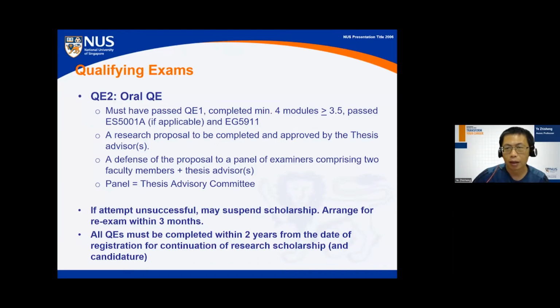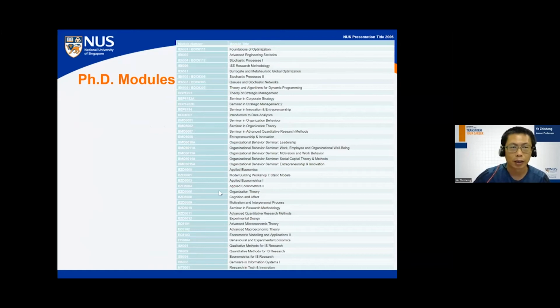A requirement is that all QEs must be completed within 2 years from the date of registration in order to continue your research scholarship. So here's a list of modules provided by our department and also modules from other departments that you can consider taking. These modules range from optimization, statistics, and probability, those methodological modules, as well as application modules.